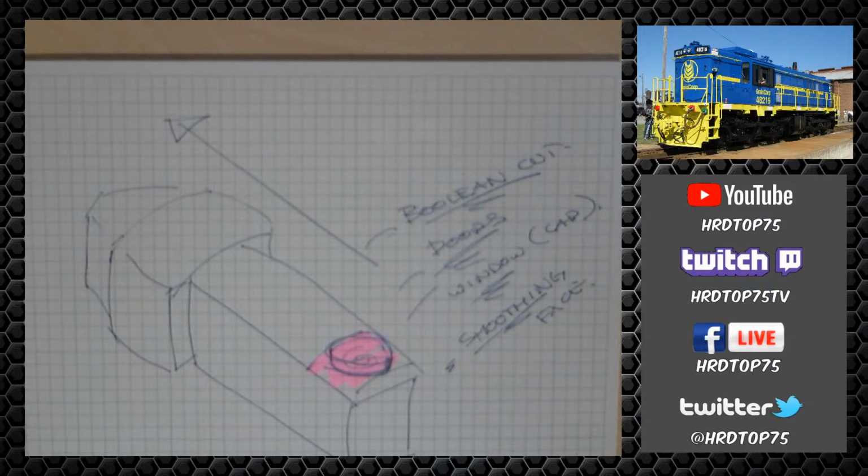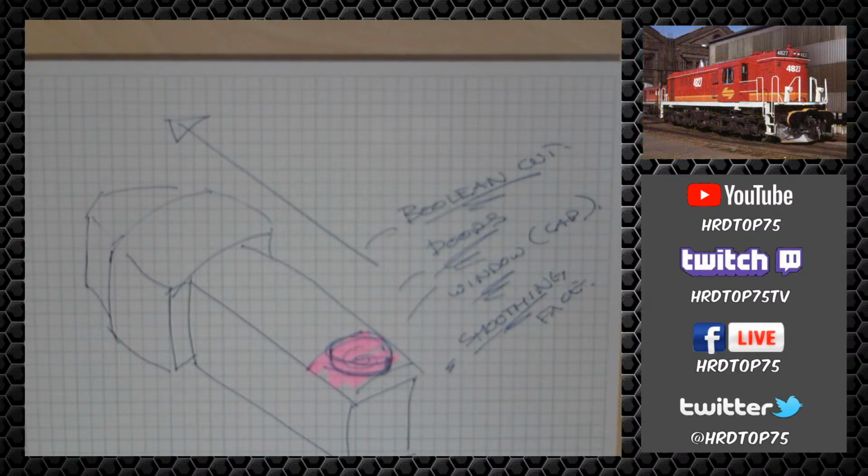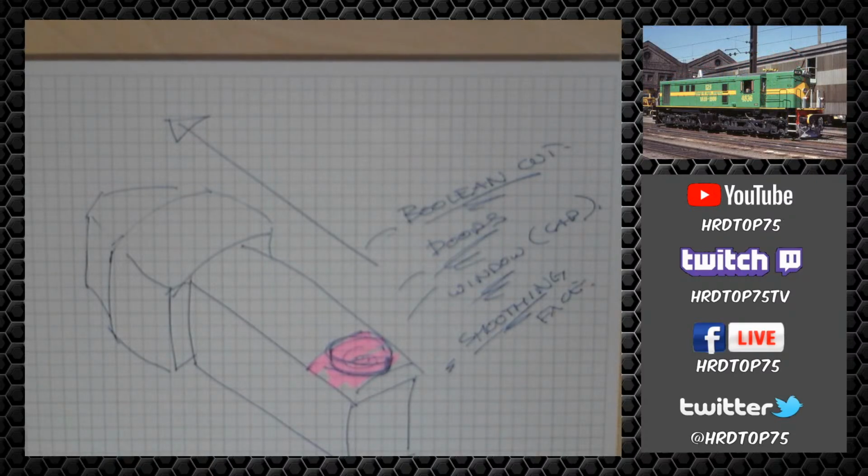You can see a complete difference. It can make or break the actual sale as well, which is quite funny, and that's what we're here for. We're going to make a model, we're going to sell it, we're going to go from start to finish.